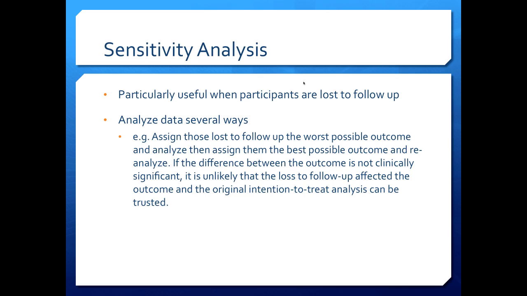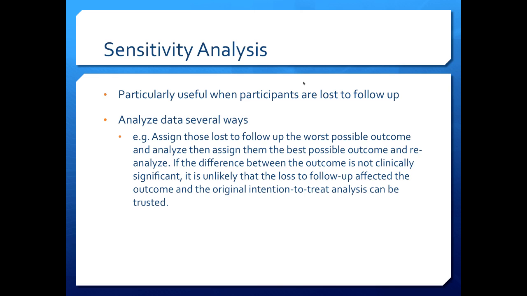You could use the data you have to generate likely outcome data, also called multiple imputations. Whatever type of intention to treat analysis used ought to be specified a priori, in other words, before the study, and justified based on the expected results.